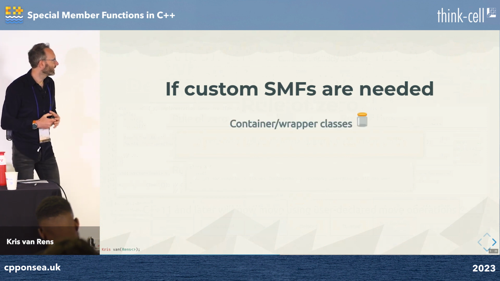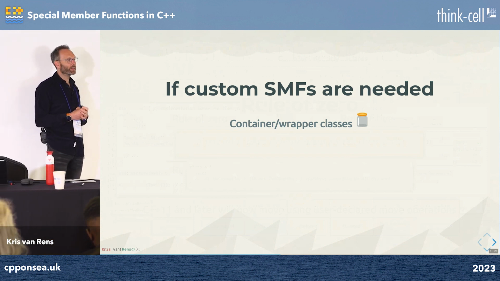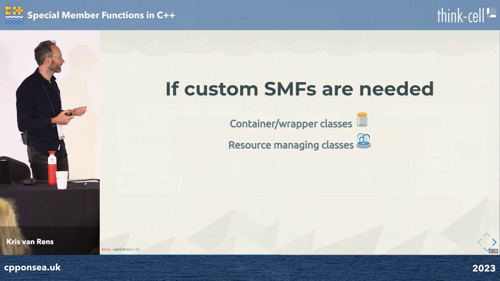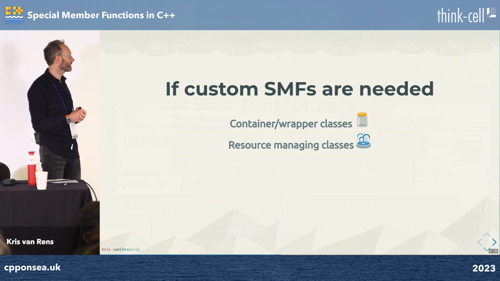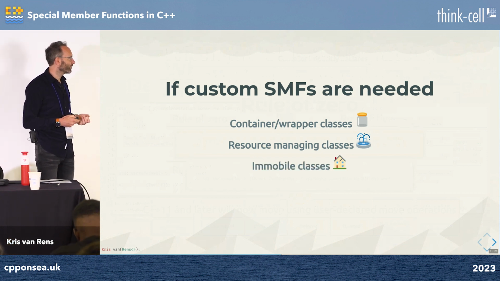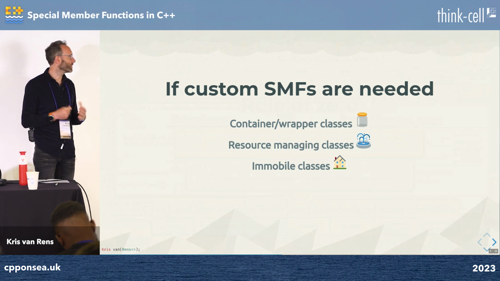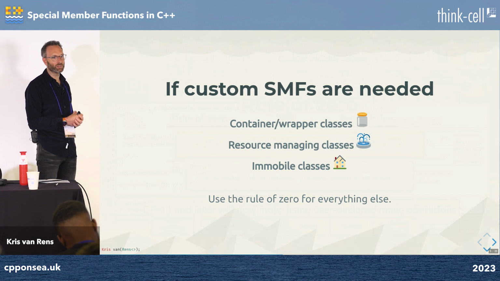So there's the category of wrapper or container classes. There's the resource managers that come up quite often, at least in my area of expertise. And then we have the more rare type, the immobile class, like std::mutex, which is both immovable and uncopyable. That's why it's called immobile. And for all the rest, we just use the rule of 0.